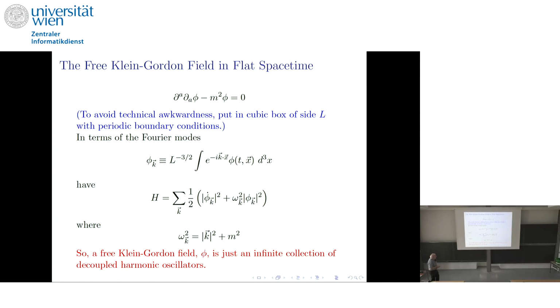So a free Klein-Gordon field is nothing more than an infinite collection, and the infinite is going to be very important here, because there really wouldn't be anything much to do or say if it was a finite collection.